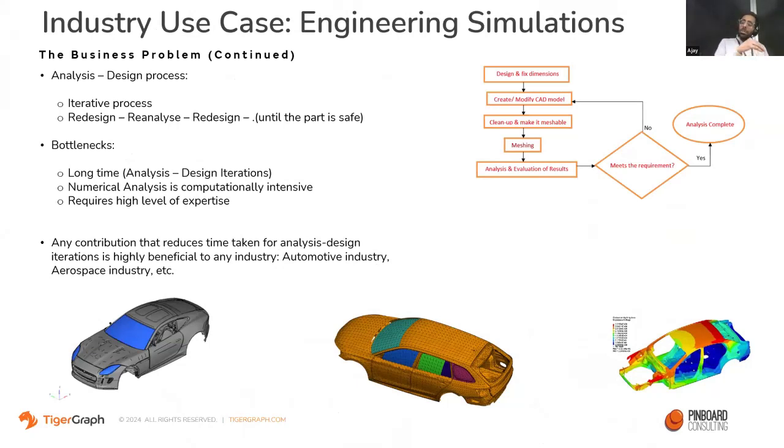This process of design and simulation, which we call the analysis, takes around 7 to 8 months after the conceptual design before the geometry can go into production, because I have to be 200% sure that it is going to withstand the loads, whether it's an aircraft, a building, or an automobile.